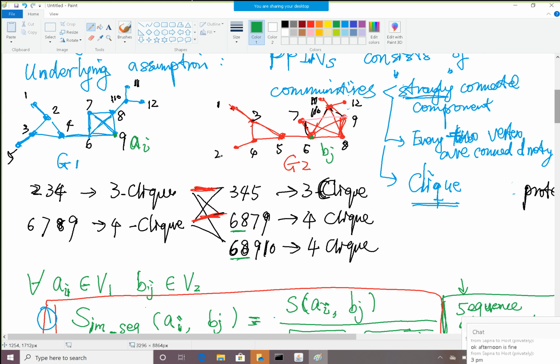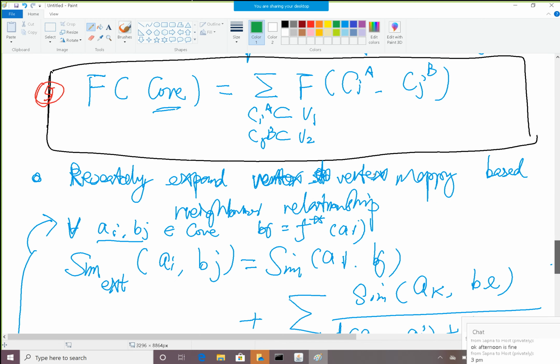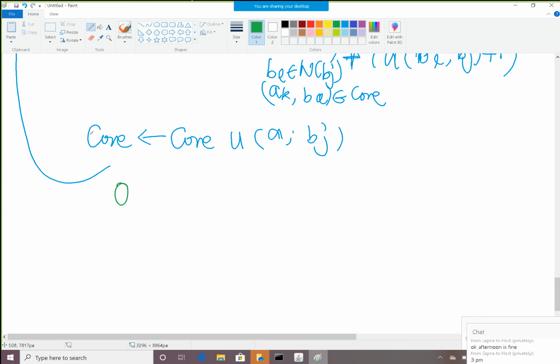This corresponds to the communities overlapping. Once they are overlapping, when you use the best mapping of cliques, one vertex may map to multiple vertices in G2. So this is a many-to-many mapping.